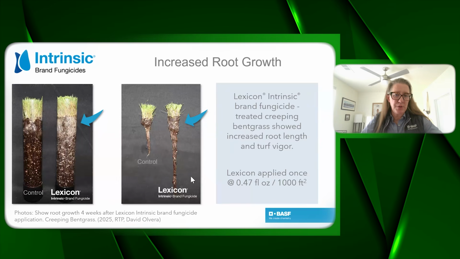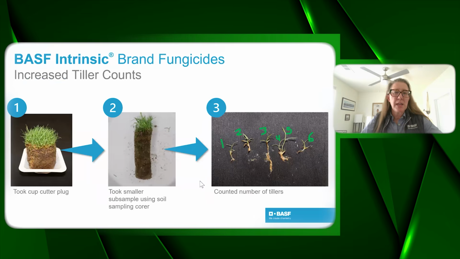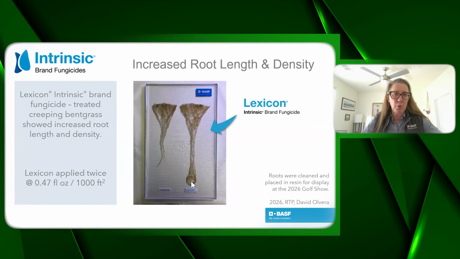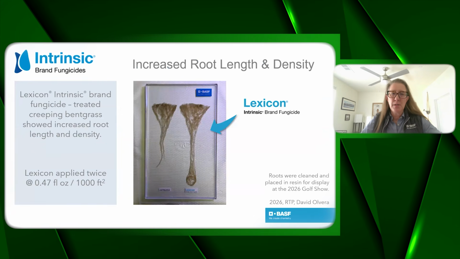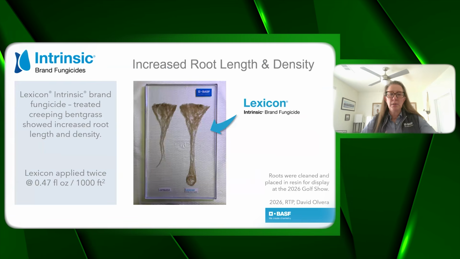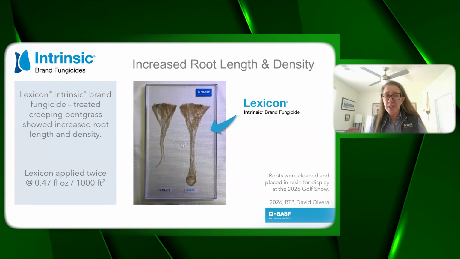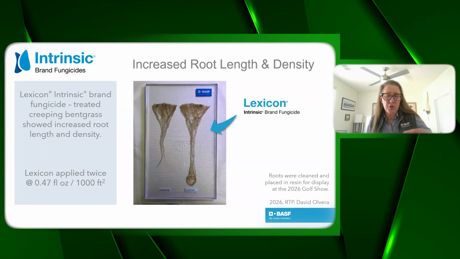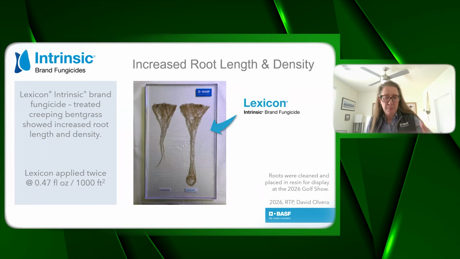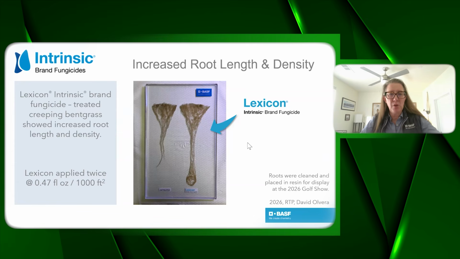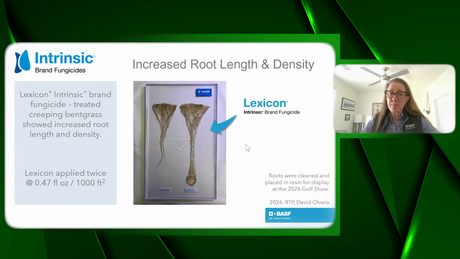You're treating them anyway for disease. You may as well have a plant that's got a lot more oomph to come back when something goes wrong. We made these little acrylic Plexi windows that have the plant actually suspended in them so you can see the comparison for yourself. We had them at the golf show this past year.